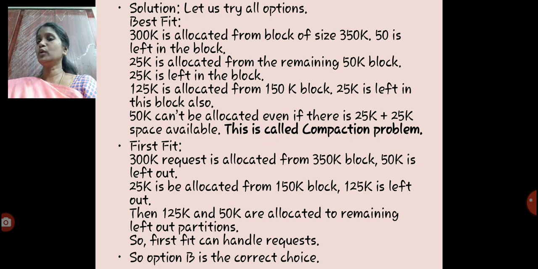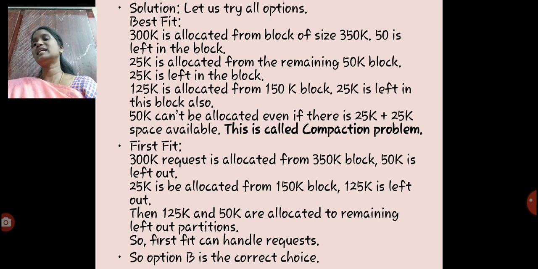Now for the fourth process, 50k, we cannot get any partition, because even though we have 50k in total, it is 25k and 25k separately, so that 50k job cannot be accommodated. So this is called the compaction problem. Even though we have sufficient memory space, we cannot allocate it for the single job, right?